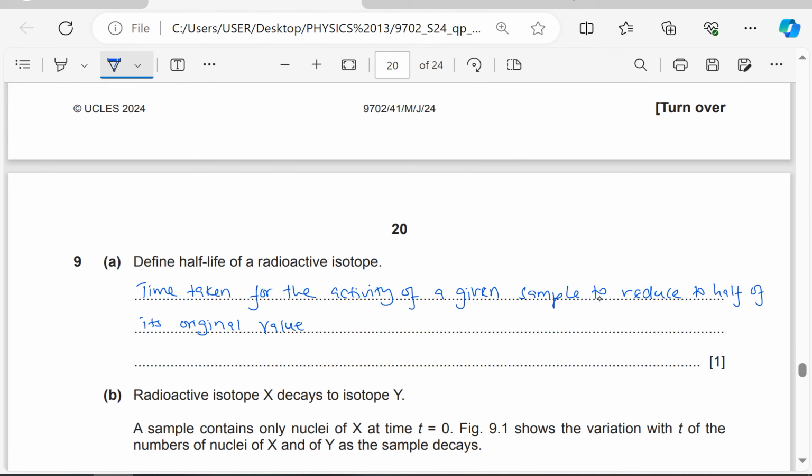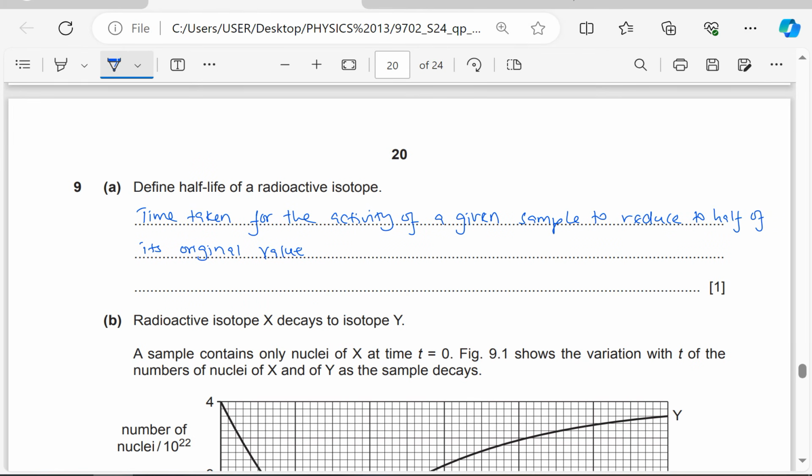The time taken for the activity of a given sample to reduce to half of its original value is what we call the half-life.